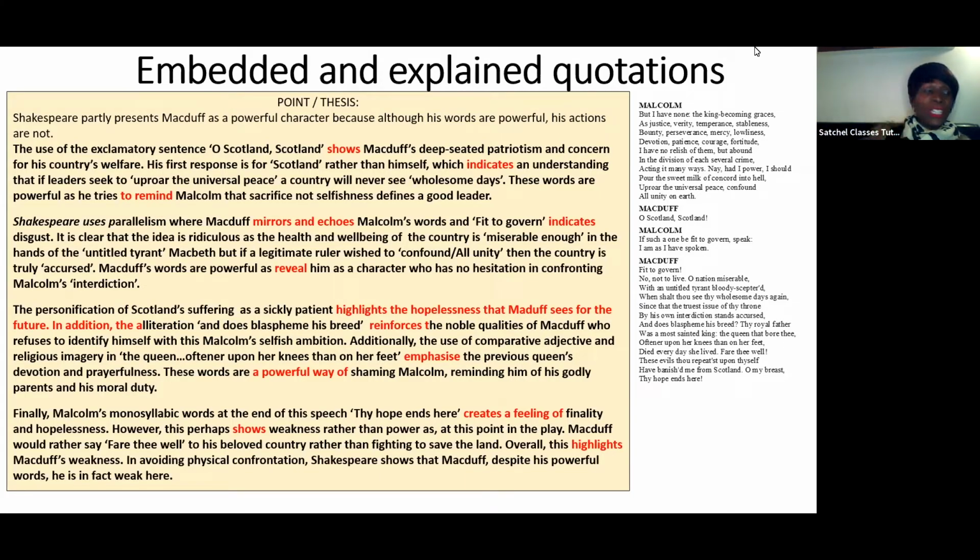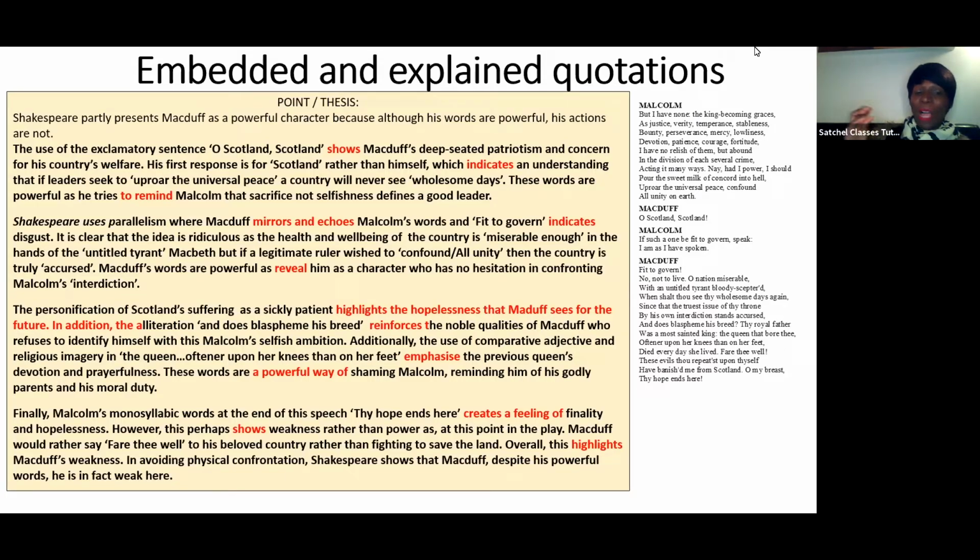I've included them in my own analysis. Finally, have a look at the final paragraph. Finally, Macduff's monosyllabic words at the end of the speech, "Thy hope ends here," create a feeling of finality and hopelessness. Perhaps this shows weakness rather than power at this point.